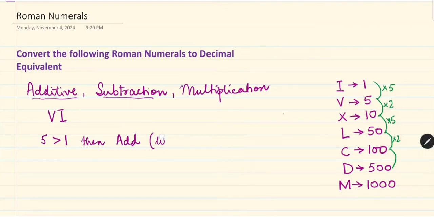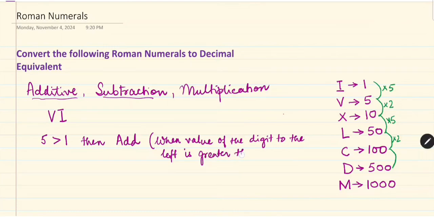We add when the value of the digit to the left is greater than the value to its right.